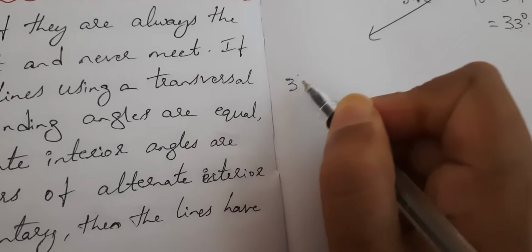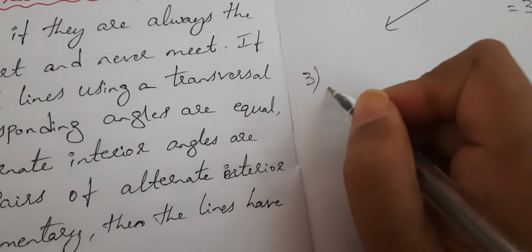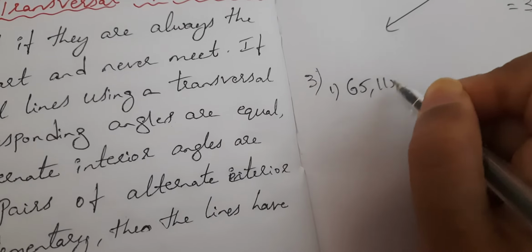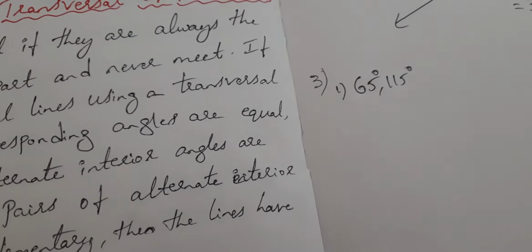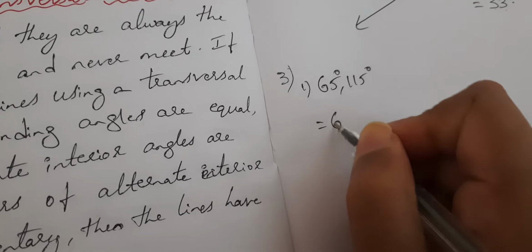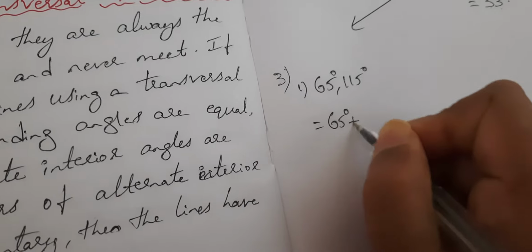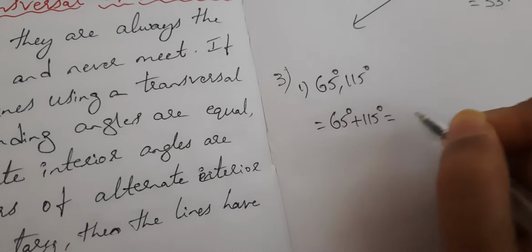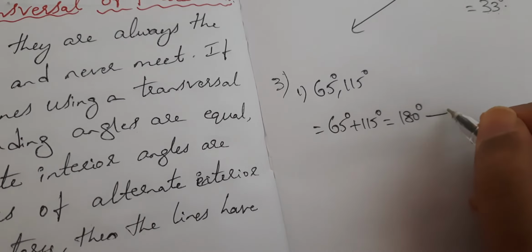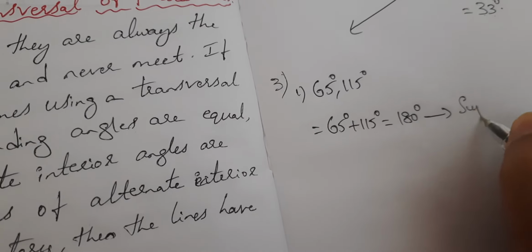Now first one they have given 65 and 115 degrees. 65 degrees plus 115 degrees is equal to 180 degrees. 180 degrees, which angle is it? Supplementary.